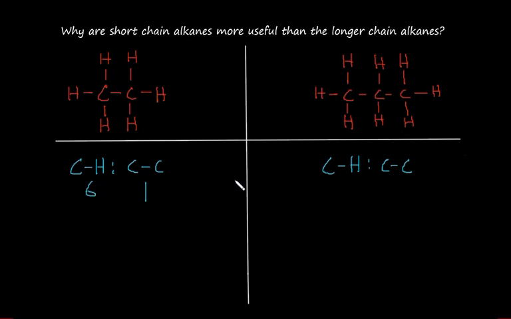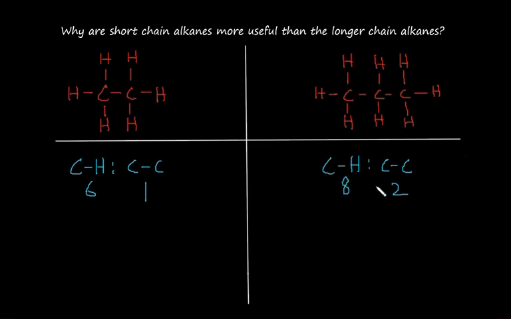Now, on the other hand, in propane, which is a longer chain alkane compared to ethane, we have 2 C-C bonds, so that's 2, and we have 1, 2, 3, 4, 5, 6, 7, 8. So we have 8 C-H bonds.